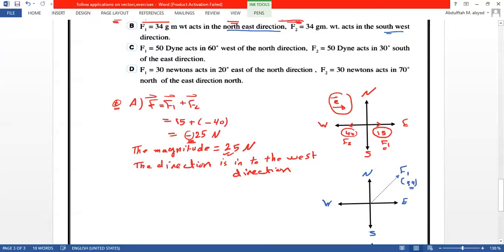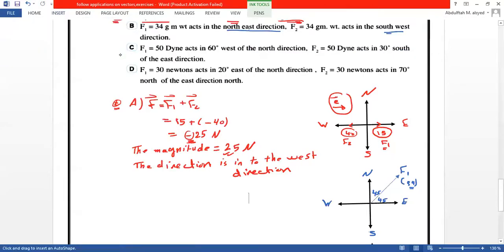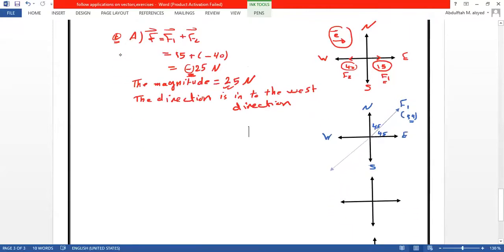Okay, and this is in the middle, it bisects the angle, northeast bisected. So this is 45 and this is also 45. F2 is 34 grams acting southwest. Okay, so let's draw southwest. It will be here exactly also in the middle, bisecting the angle between west and south.